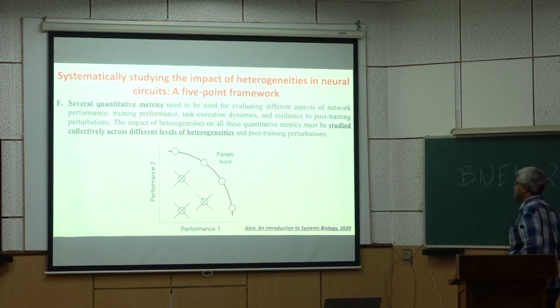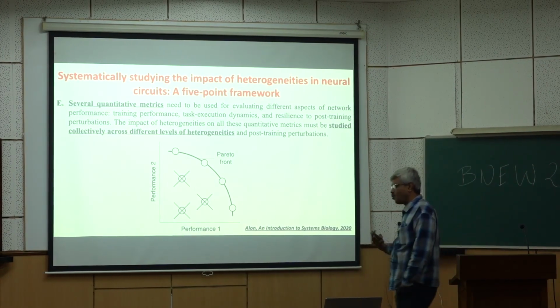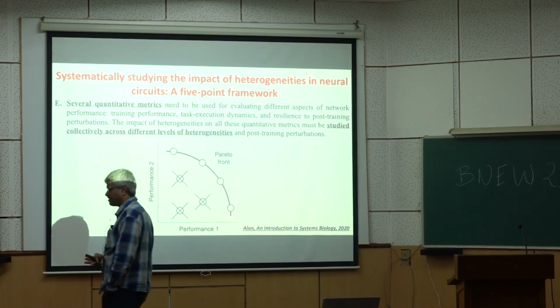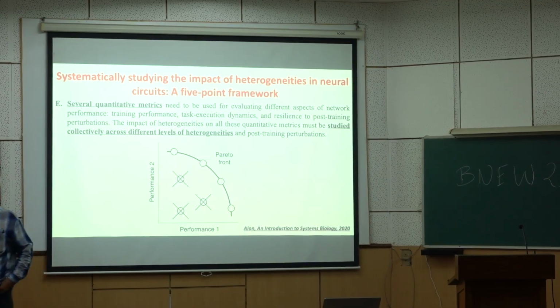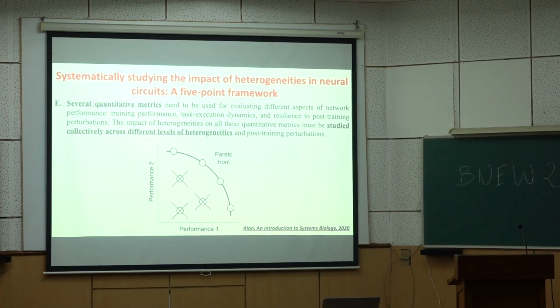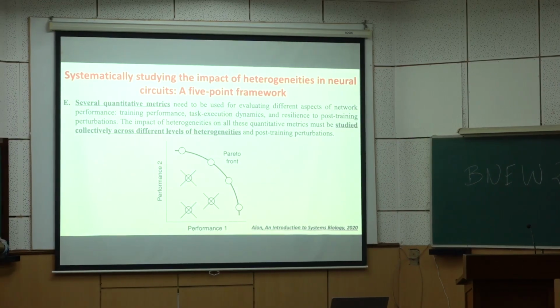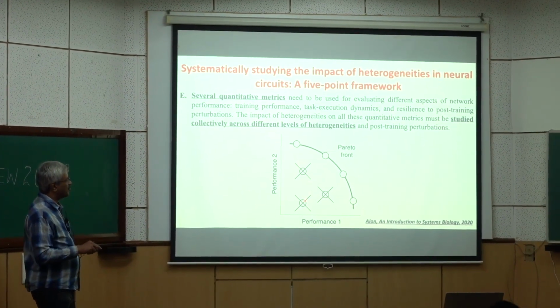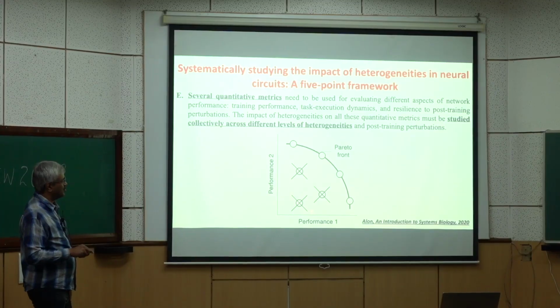And finally, it can't be just one performance metric that you use for studying the impact of heterogeneities. You should have an array of metrics focusing on different aspects of network performance, and all of them should be studied together, because you could have two different metrics, and if you study only one of them, you might be optimizing only that one.